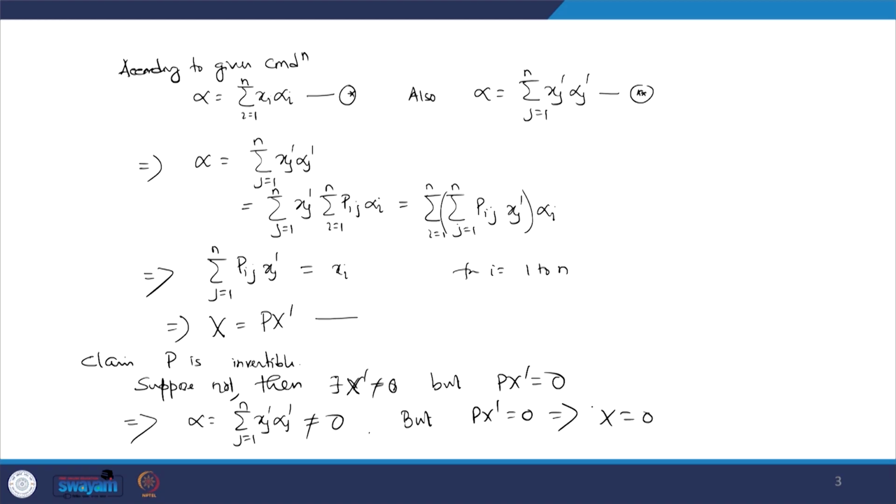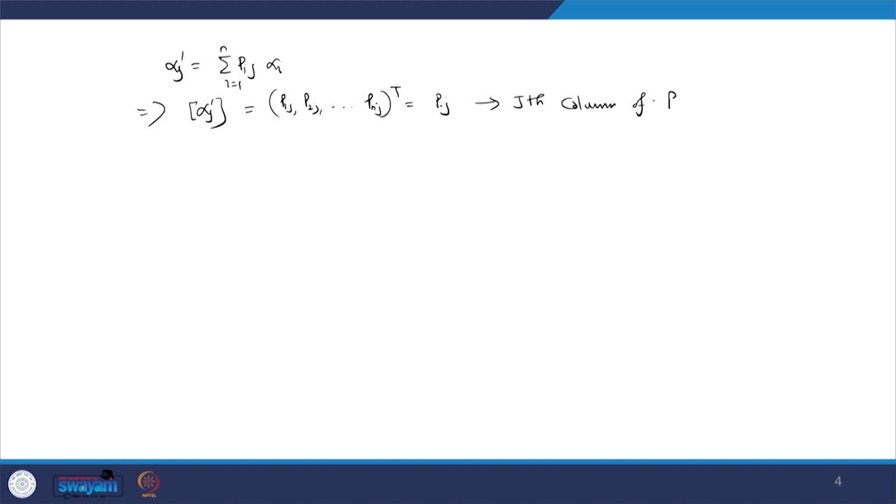So, x equal to 0 implies your alpha, which is equal to sigma x_i alpha_i, i equal to 1 to n, must be equal to 0. So, on one hand I am getting non-zero, on the other I am getting 0. So, this is not possible. So, P not being invertible is not possible. So, P is invertible.